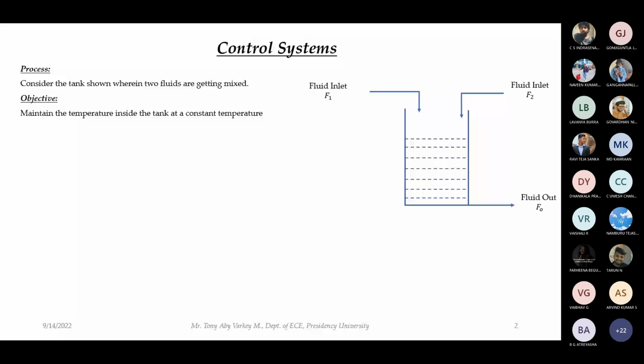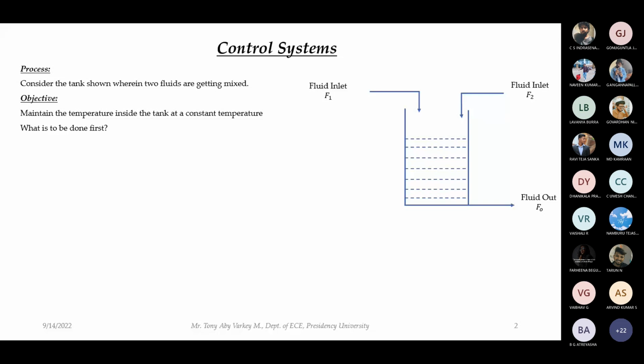So how will we do it? Can anyone suggest what is to be done first? First, what will you do? Any idea? You understood the objective, right?